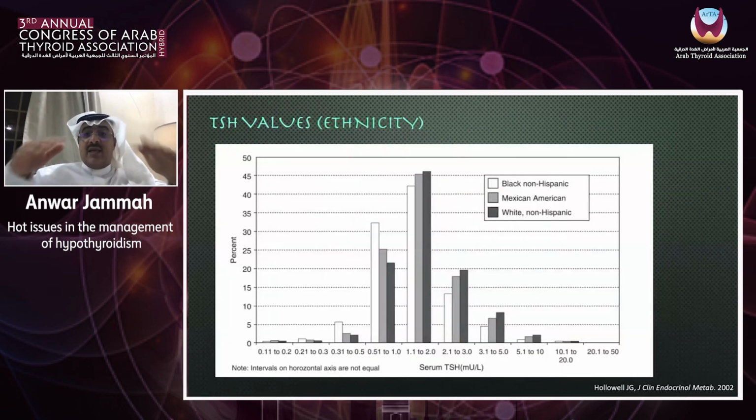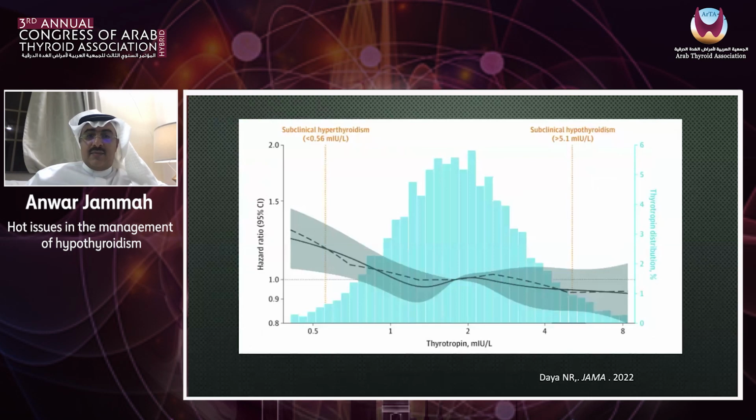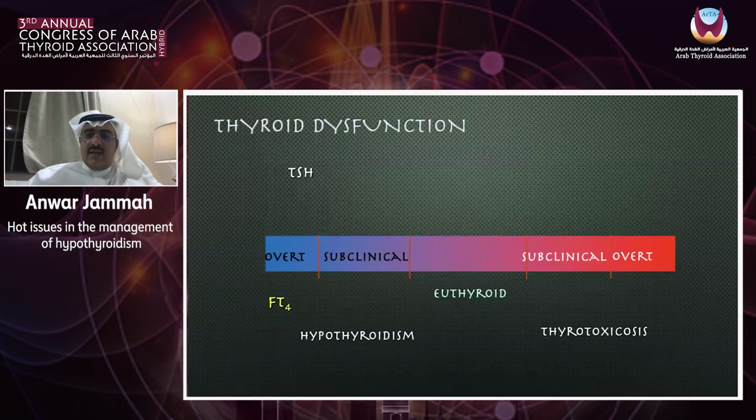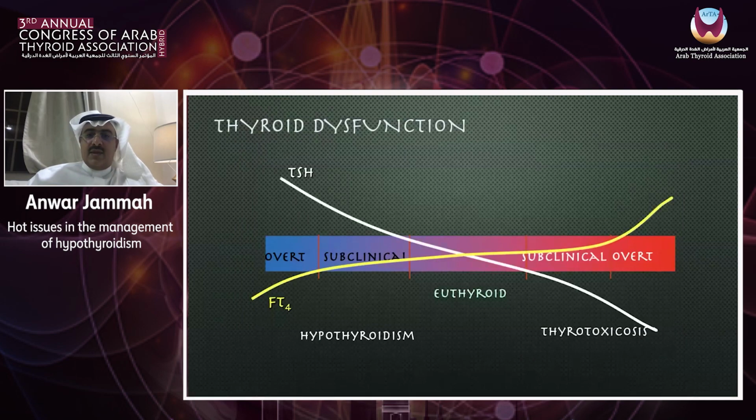Whether black, Mexican, or white non-Hispanic, all have the same dome of the TSH result. And this is showing the same dome, and on the other side you have subclinical hyperthyroidism. On the hypothyroid side, you'll have hypothyroidism or subclinical hypothyroidism.